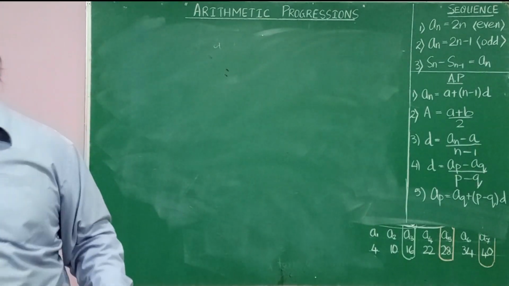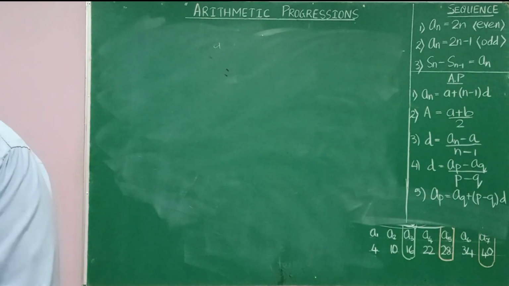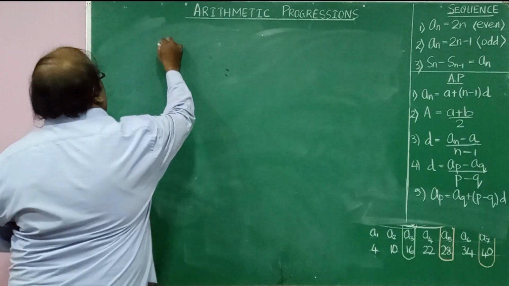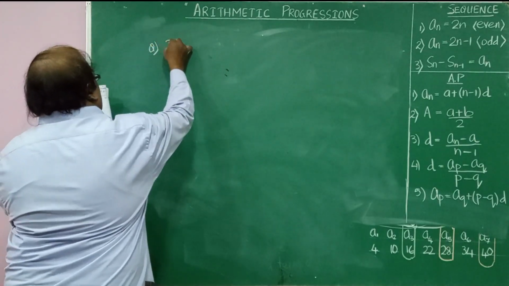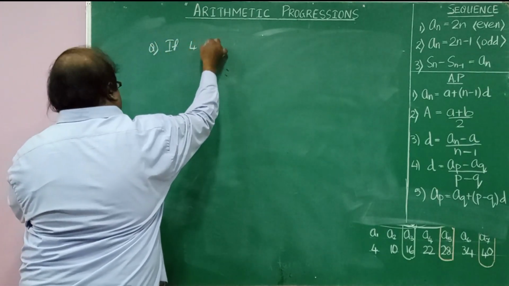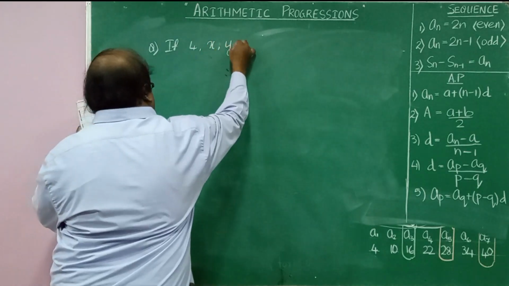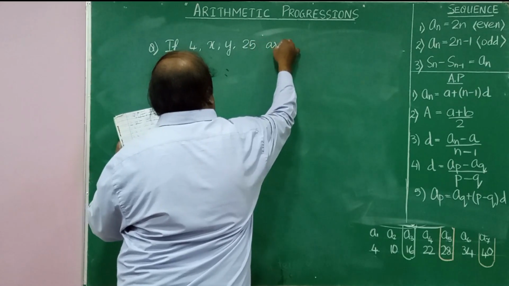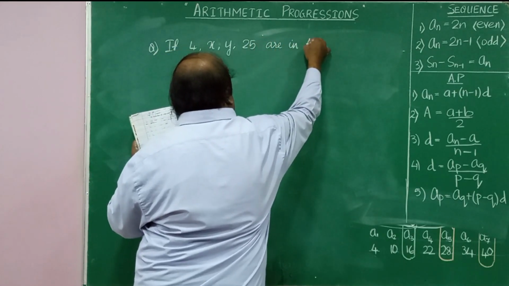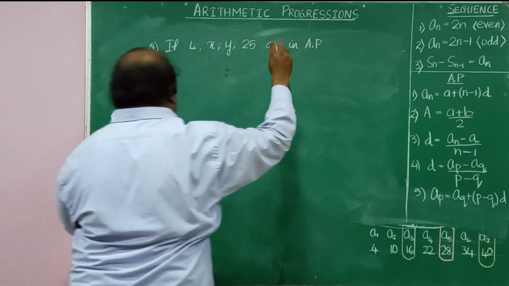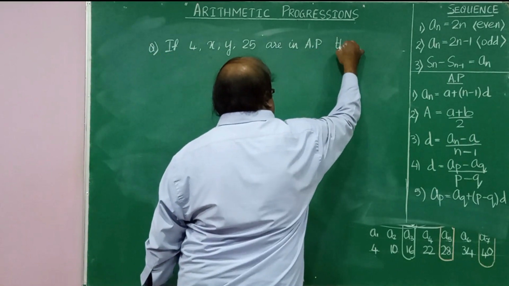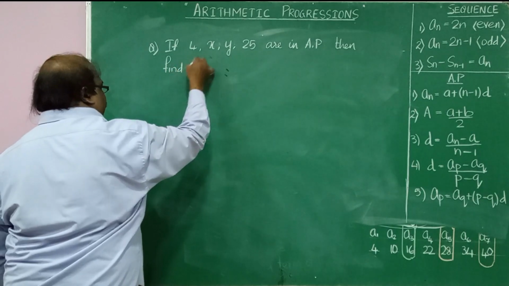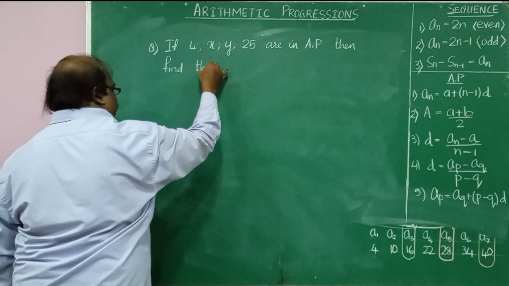The next one. If 4, x, y, 25 are in arithmetic progression, then find the value of x and y.